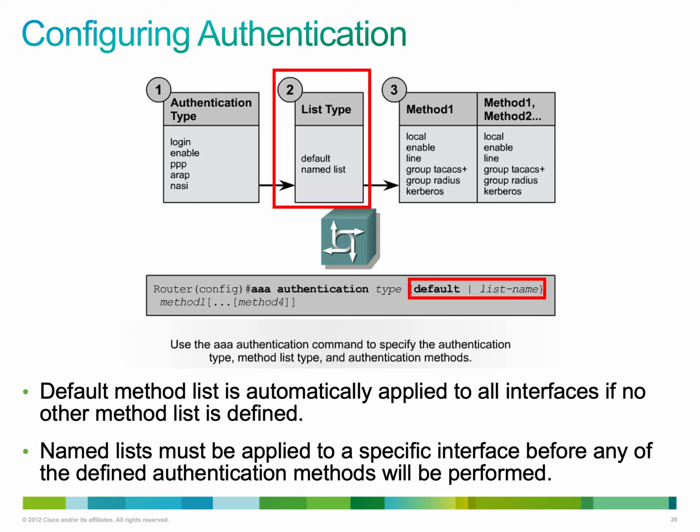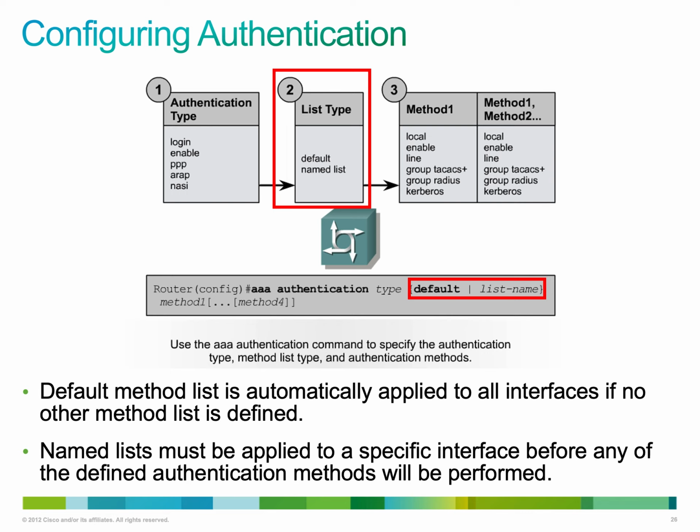Then the next step is the list type. Is the list type default name list? The default method list is automatically applied to all the interfaces if no other method list is defined. If no other method list has been defined, then the default list will automatically be applied to all the interfaces.